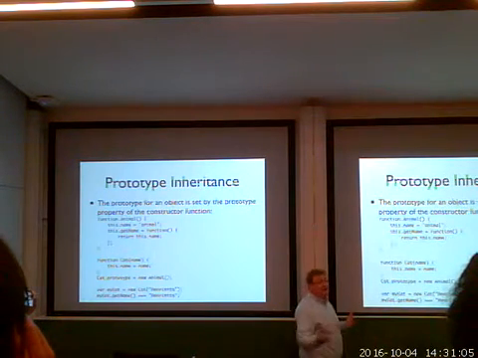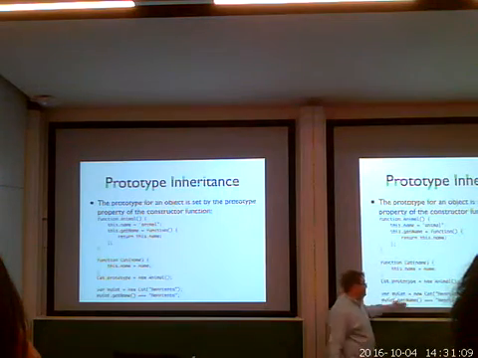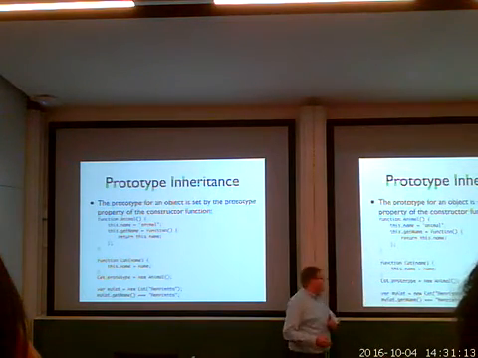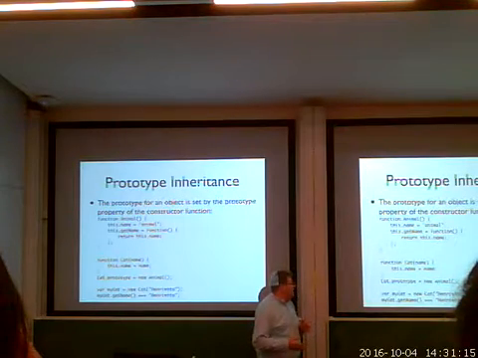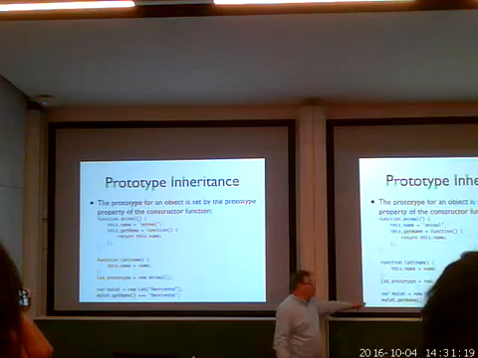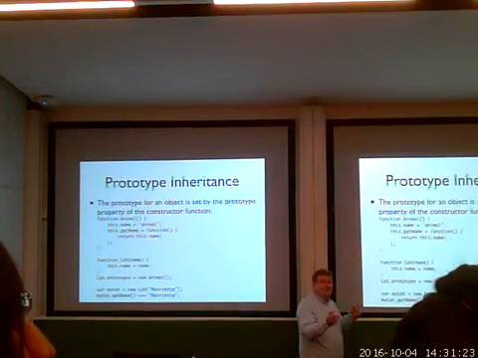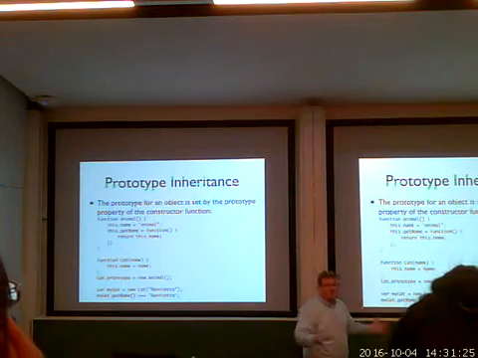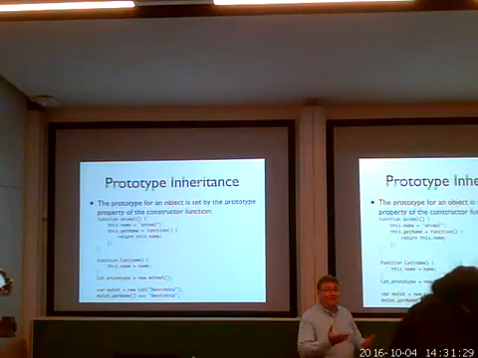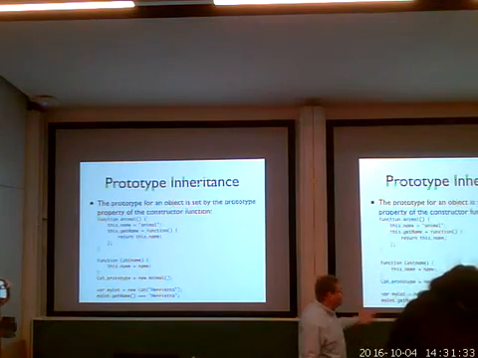If we then create an instance, we use the constructor function to create a new cat, and we happen to call it Henrietta. So var myCat equals new Cat Henrietta. Because of the prototype inheritance, we can call the getName method on our cat. And what will happen is the interpreter will see that the Cat type doesn't have a getName method, but its prototype does, and it'll pull it down and run the function and execute it.